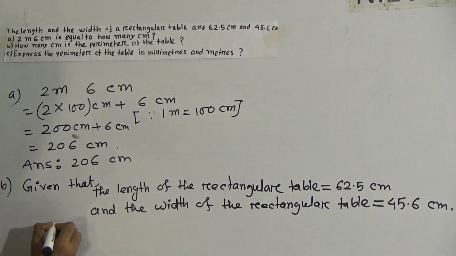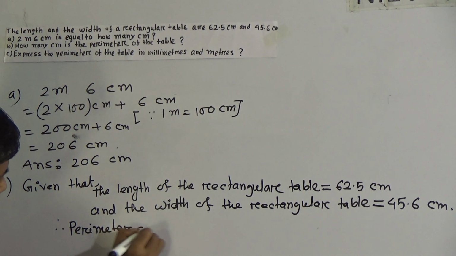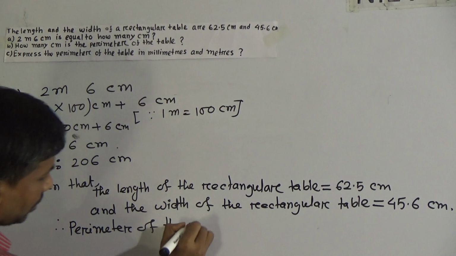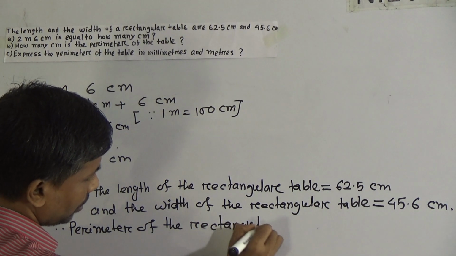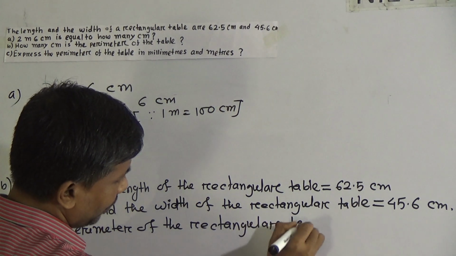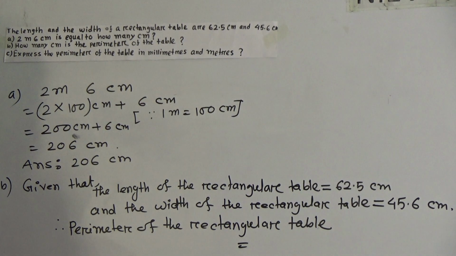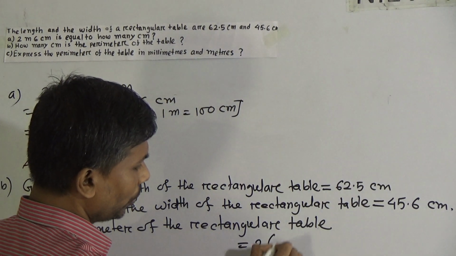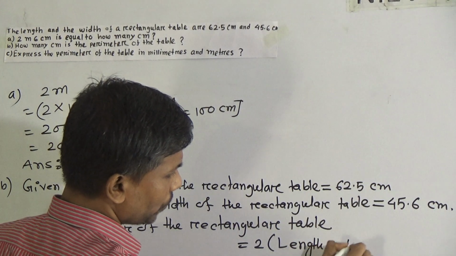Therefore perimeter of the rectangular table equal to 2 into length plus width.